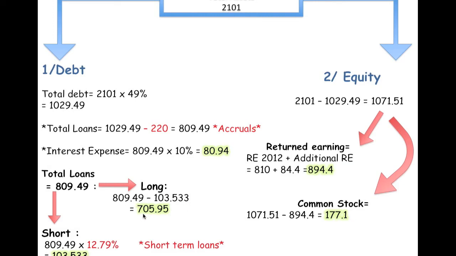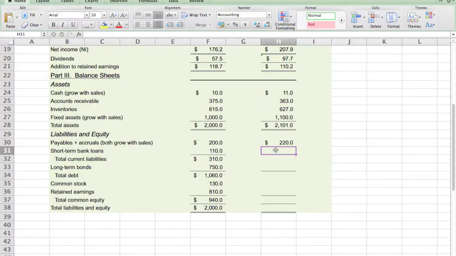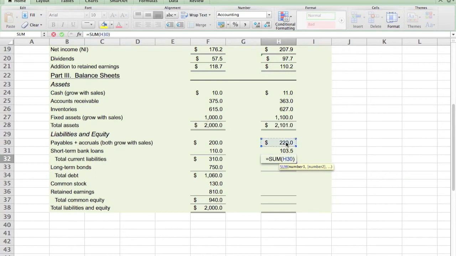Now, we can copy the green answers to Excel. So the total current liabilities is the sum of payables and accruals and the short-term bank loans.